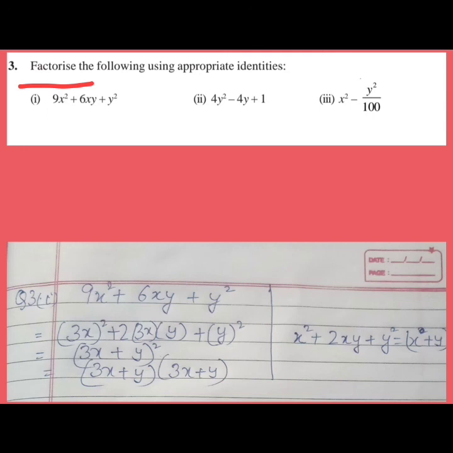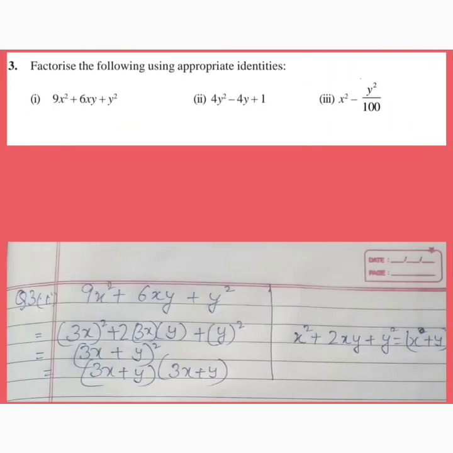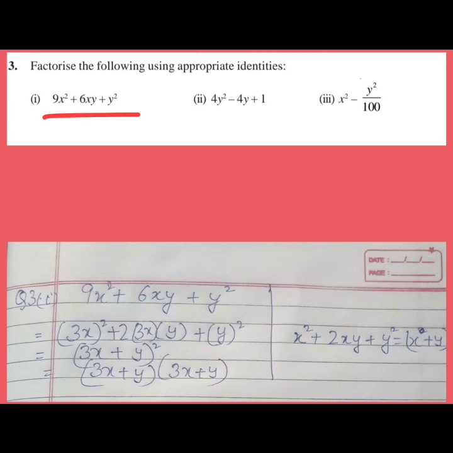So first of all we see the first expression, and the first expression is 9x square plus 6xy plus y square. We have to keep in mind the identities, and we have the identity x square plus 2xy plus y square.